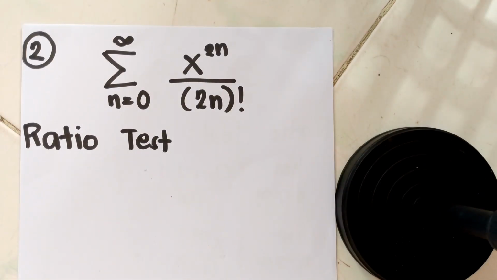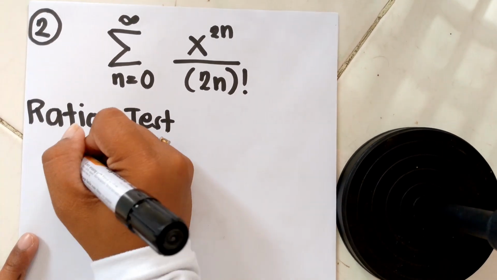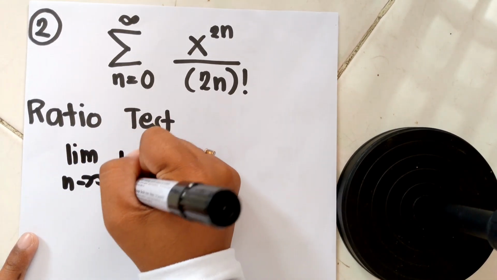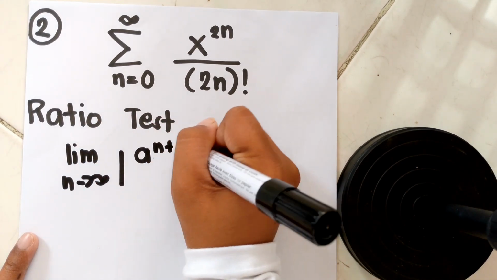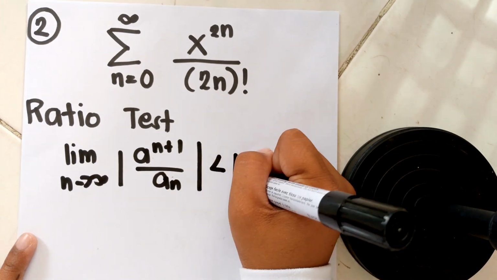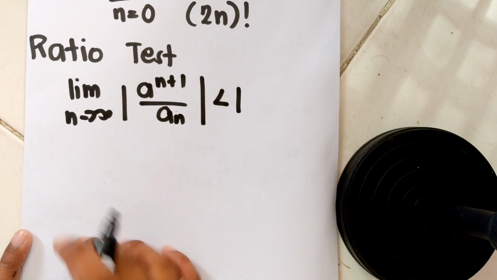Let's have another example. The series of x raised to 2n over 2n factorial. Using again the ratio test, our formula is the limit as n approaches infinity of a sub n plus 1 over a sub n less than 1.